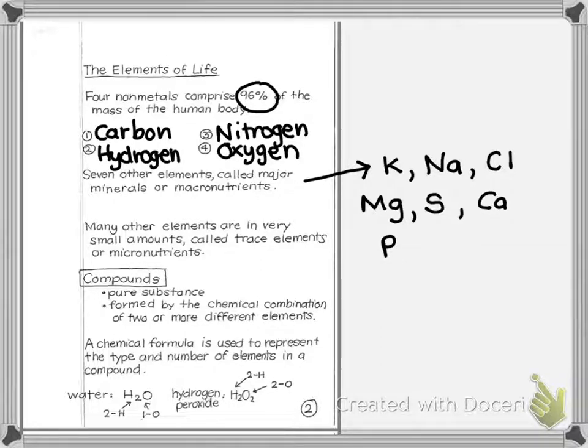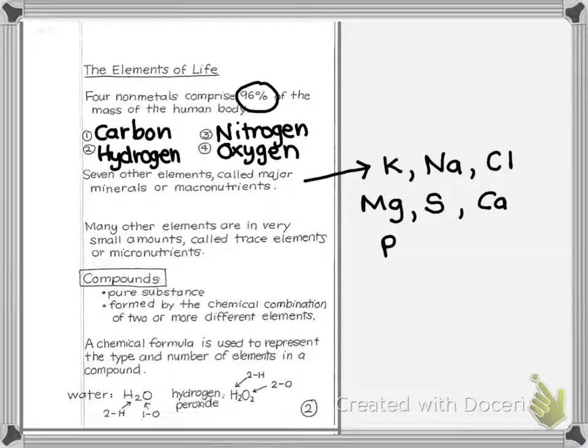In your textbook, there's a really neat graphic that shows you the building block elements, the ones that are 96%, the major minerals or macronutrients, and then the trace elements or micronutrients. Again, on the exam, which I know everybody's always thinking about, only the four nonmetals, carbon, hydrogen, nitrogen, and oxygen, do you need to remember.